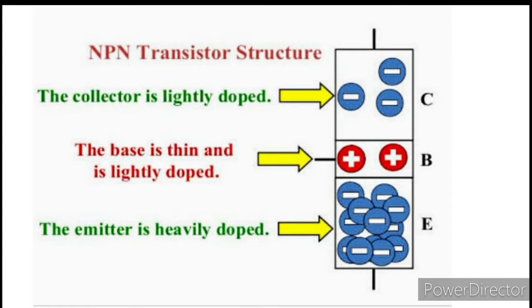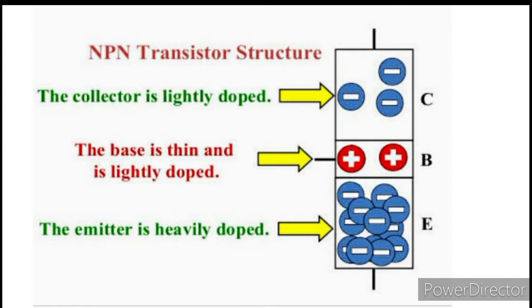Now the physical size of the collector, base and emitter. The physical size of the collector is larger than the emitter and base. The base is thin, which separates the collector from the emitter, so the base has a small size and light doping.